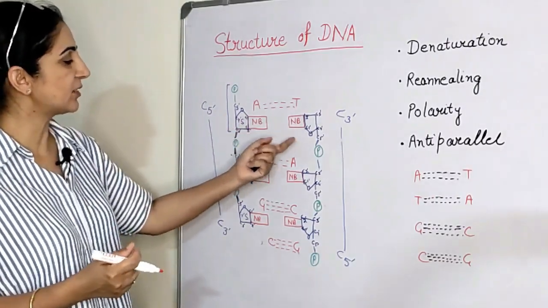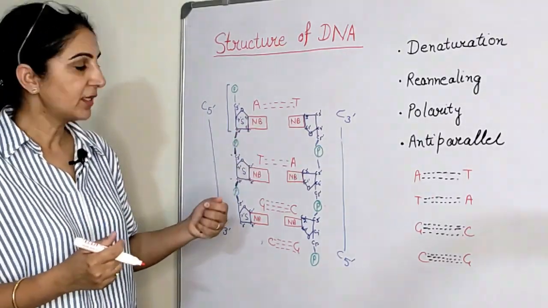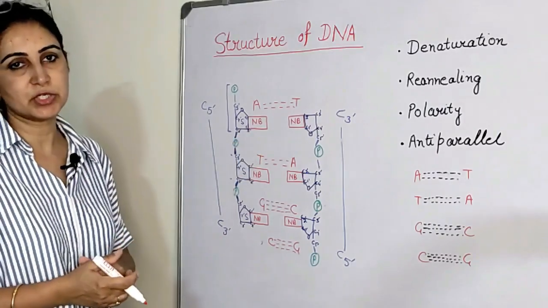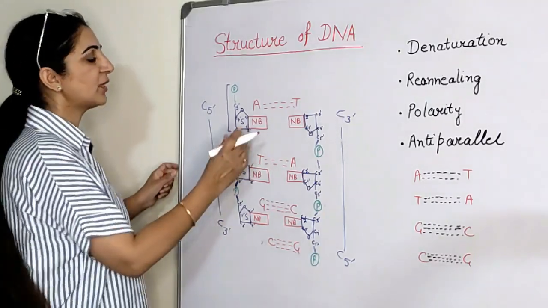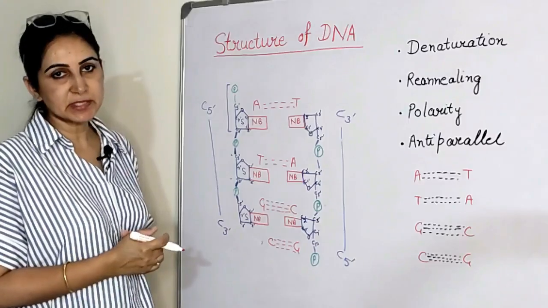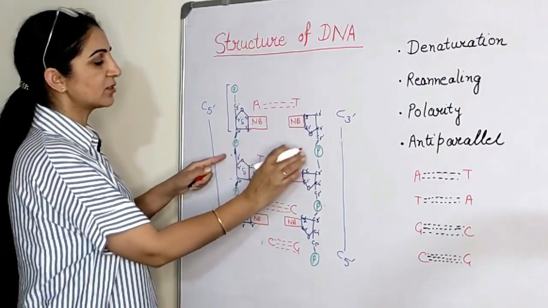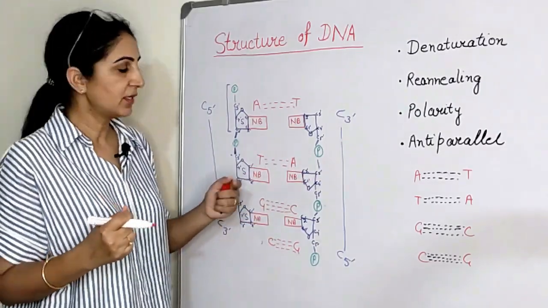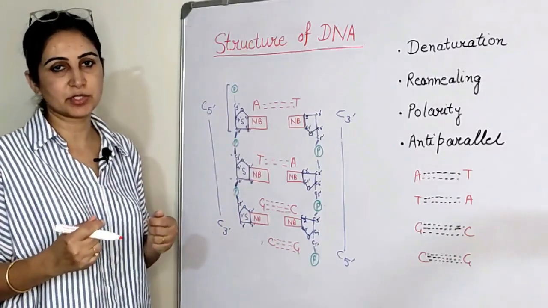When the two strands of DNA get separated, this is called denaturation. Suppose we heat it or we change the pH and the two strands of DNA get separated, this is known as denaturation.